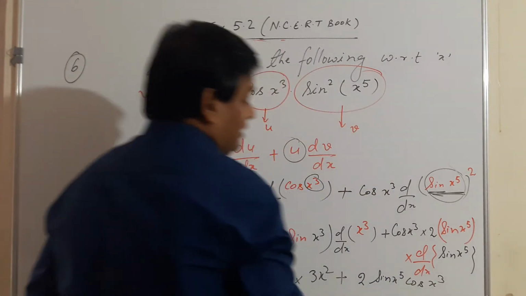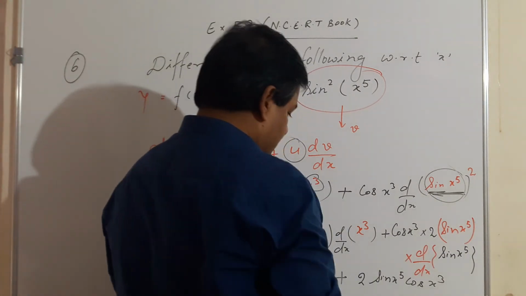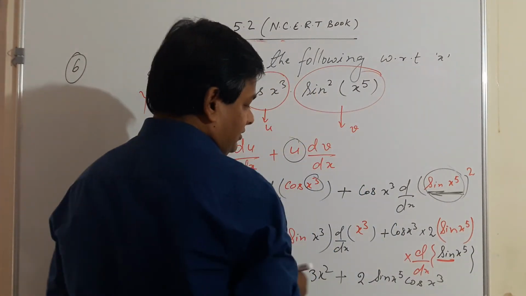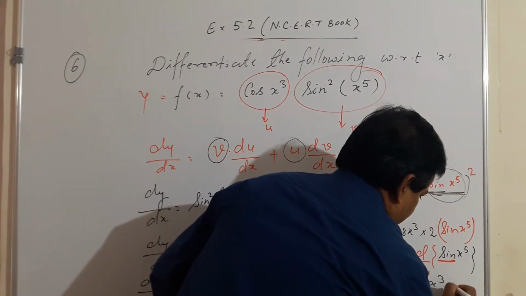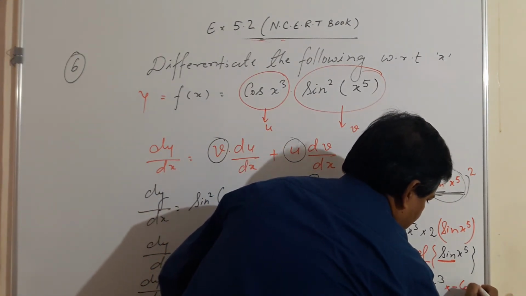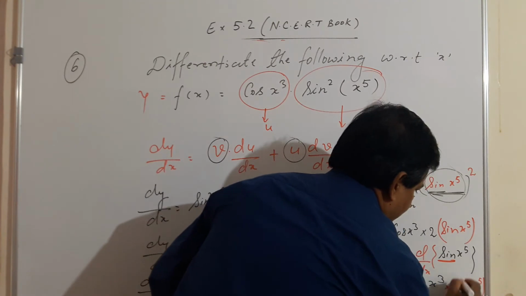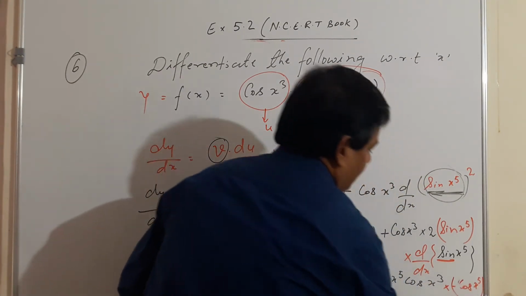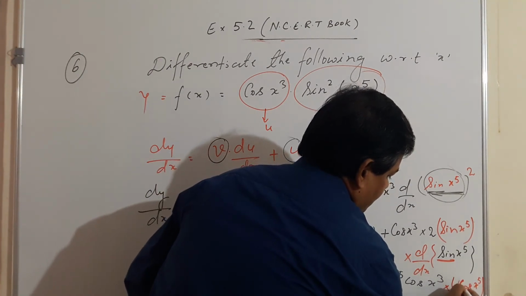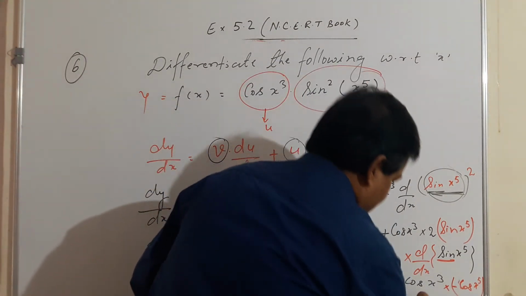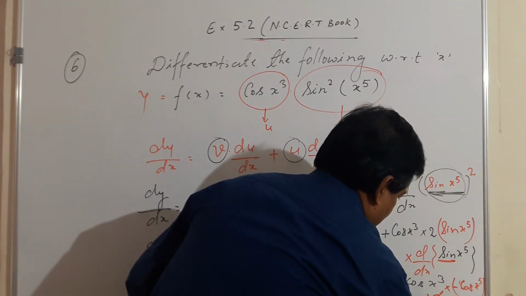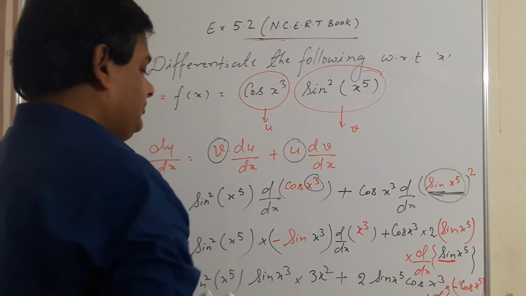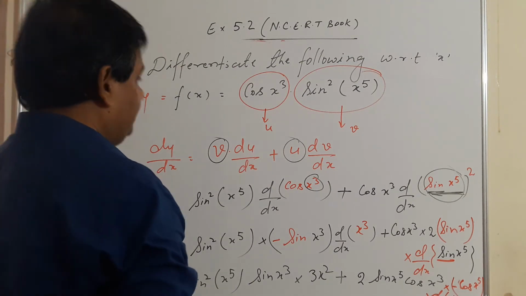Now differentiate first of all sine. Differentiation of sine is minus cos x raised to the power 5, then after differentiation of x raised to the power 5.